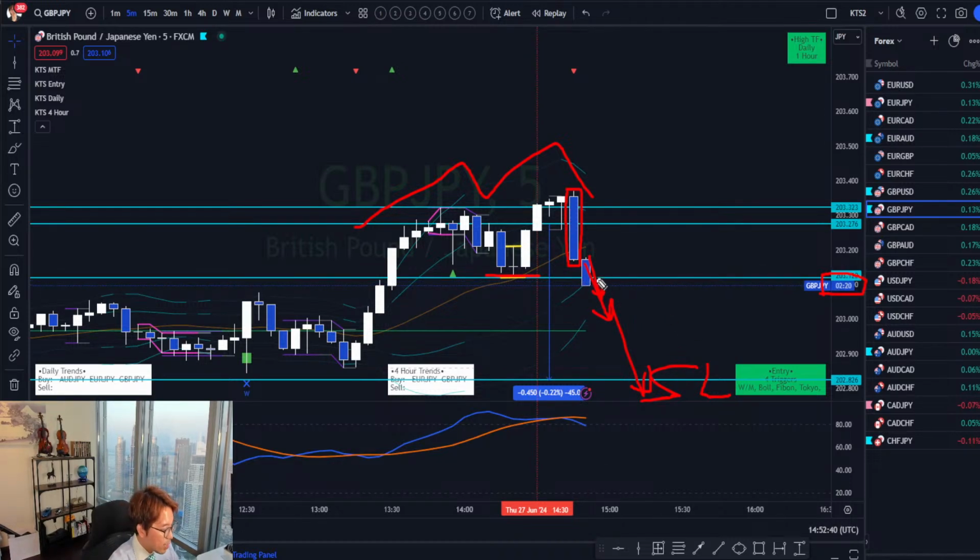But see, like this one, let's say if you put the stop loss below the doji, then your stop loss might be taken already. But this bearish bar may close with a bullish bar with a long wick down in the next 2 minutes. And after that, the market may take off bullish.